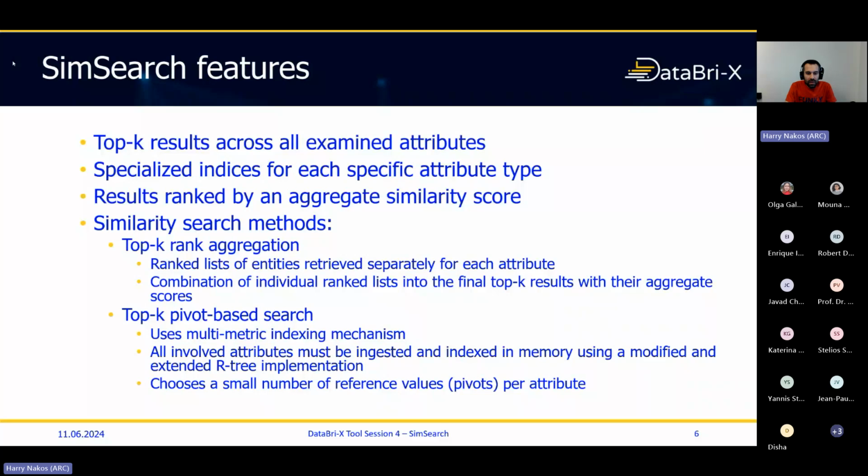And this approach uses a small number of reference values per attribute, so that distances of a candidate data point are checked against these reference values in order to produce the final top-k list.